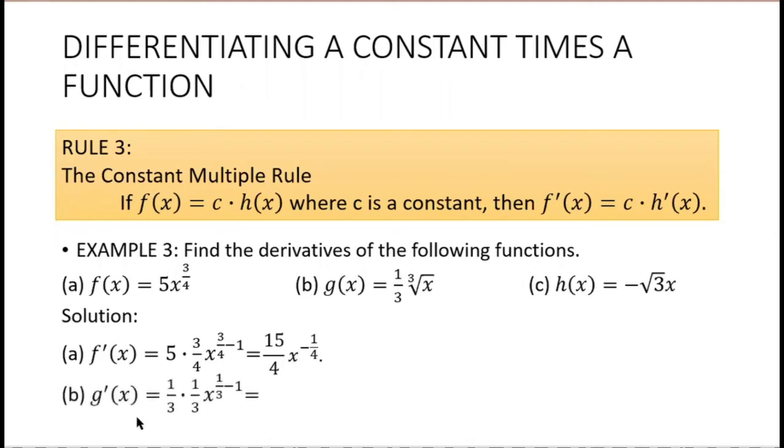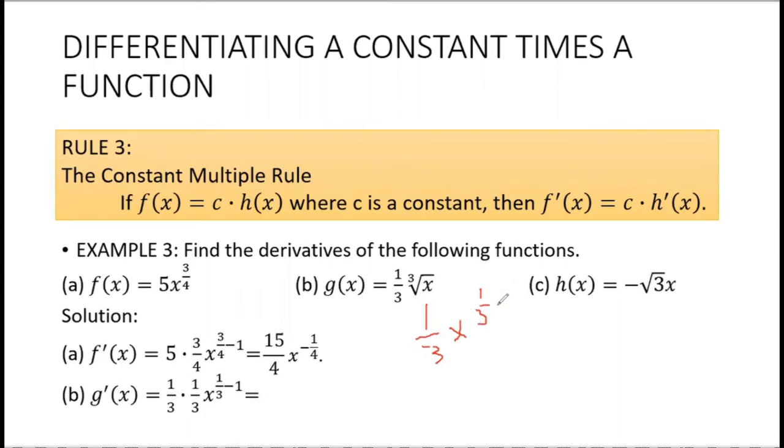Next, letter B. The derivative g prime of x equals to, so ang magiging new expression ngayon ng ating g of x ay 1/3 x raised to positive 1/3. So ang exponent ng x ay 1/3 din.